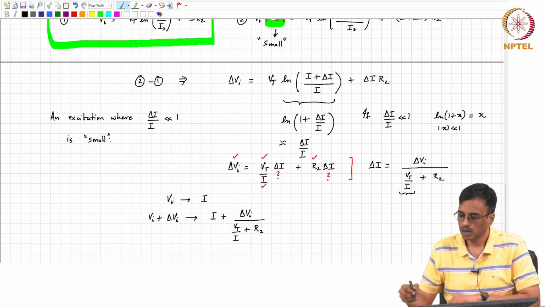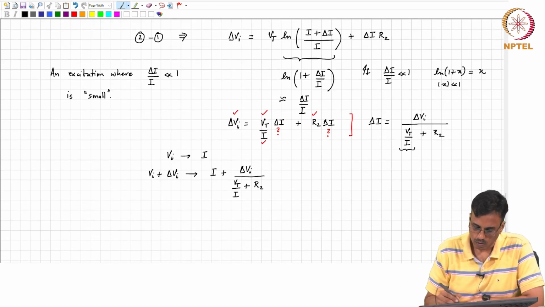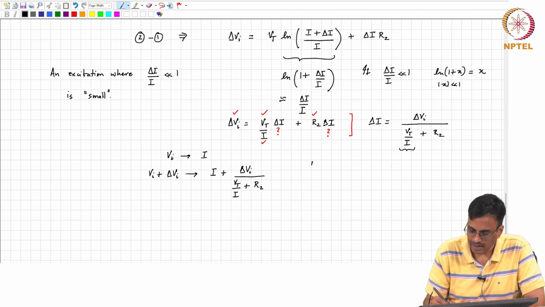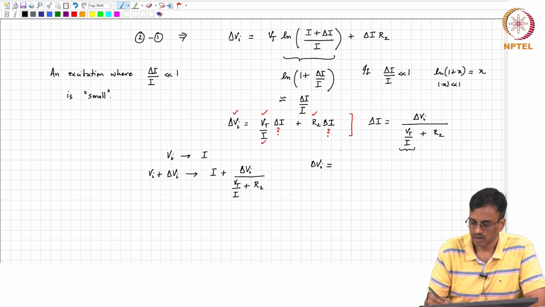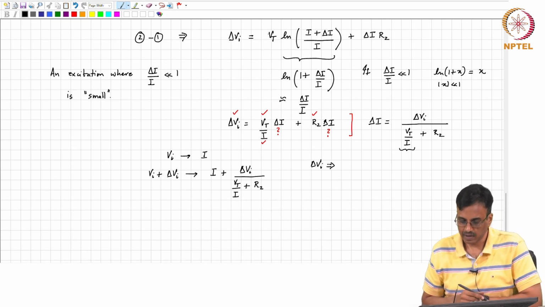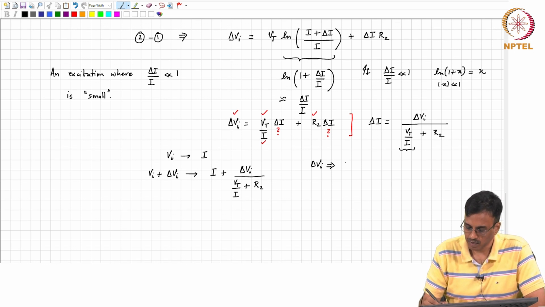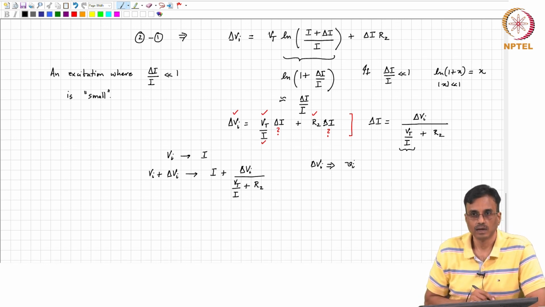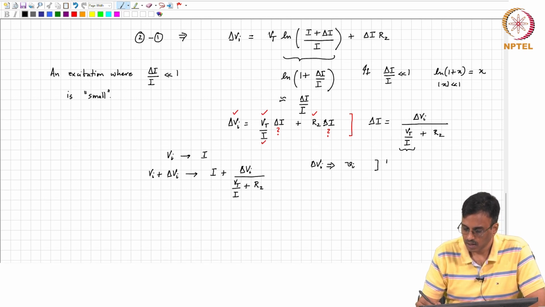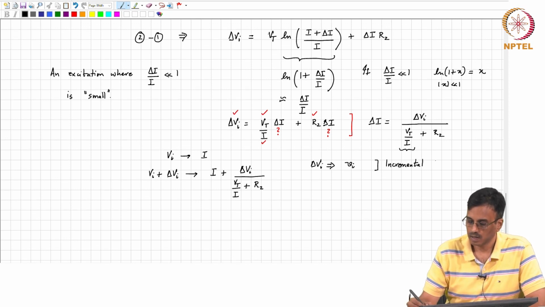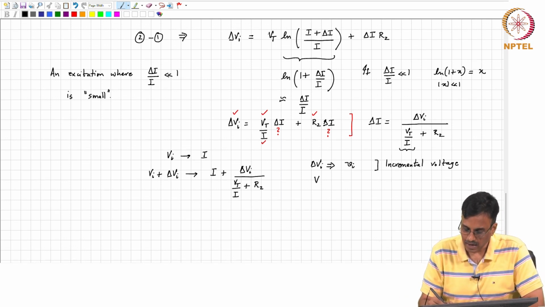All right. So now some jargon. This delta Vi, to avoid having to write capital delta and capital V, is often written in small case, and this is what is called the small signal or the incremental quantity. Capital Vi is what is called the quiescent quantity, whether it is a voltage or current or whatever.